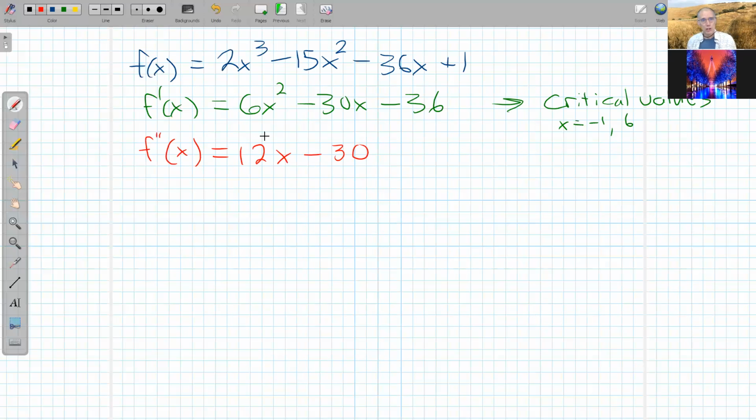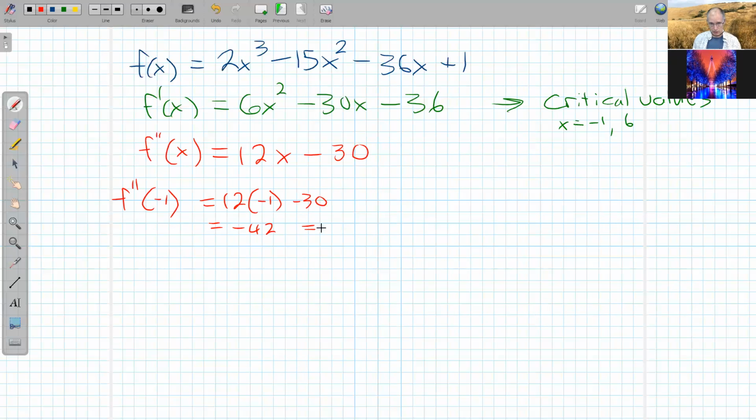And what I want to know is, what is f double prime, the second derivative, at -1, that critical value? If I plug it in here, that gives me 12 times -1 minus 30, which is -42. So I have a negative second derivative.